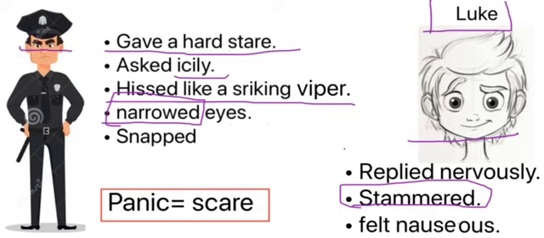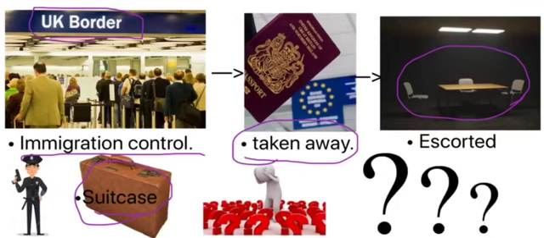And he felt nauseous. What's the meaning of nauseous? He felt nauseous. If you remember the mood of the interview room, look at it. It's dark and you are alone inside it, and there is a rush of questions that they are asking you. So you're going to feel nauseous, absolutely.